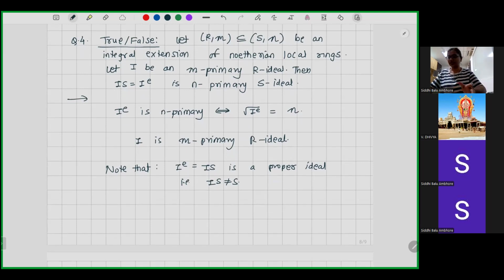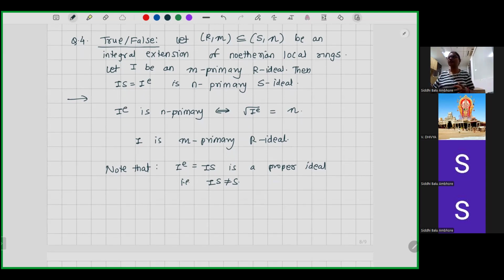Can we say that this is always true? Just because we have an ideal here, this need not hold.